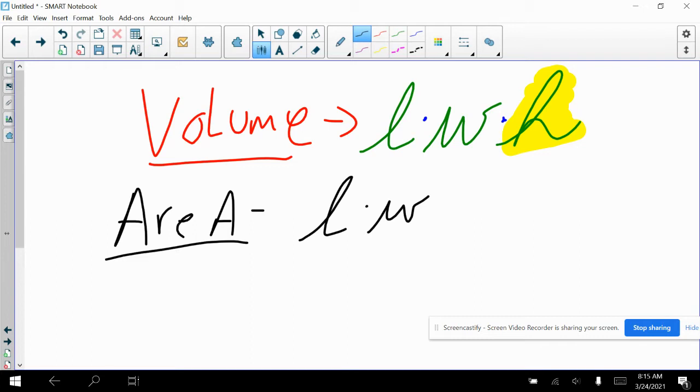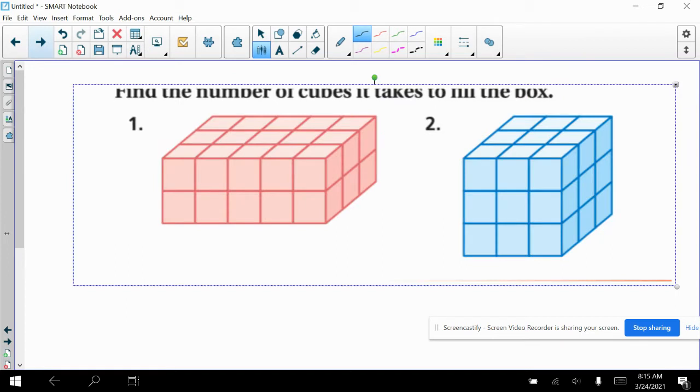All right, so let's take a look at these items. So here are some figures that are broken down by cubes. And sometimes from these questions here, there's so many possibilities that they can ask you.